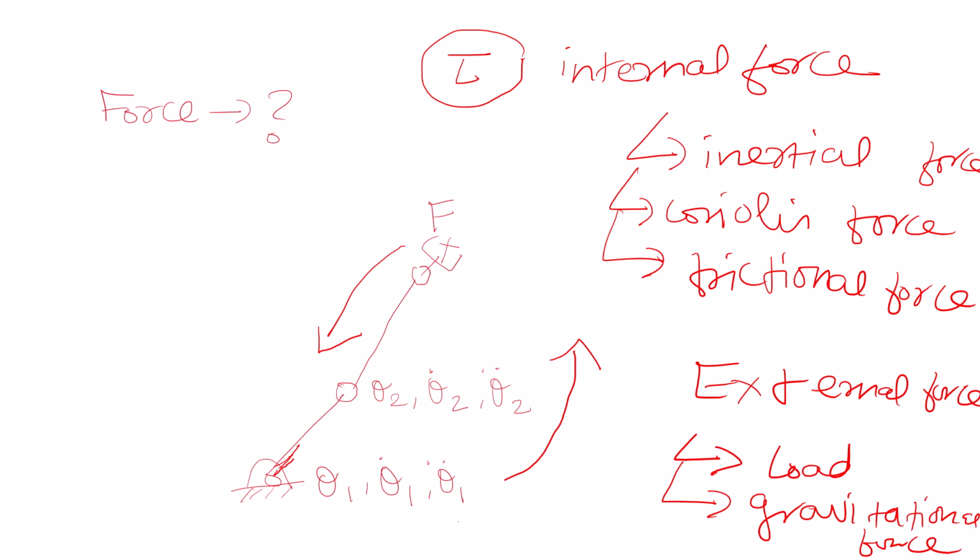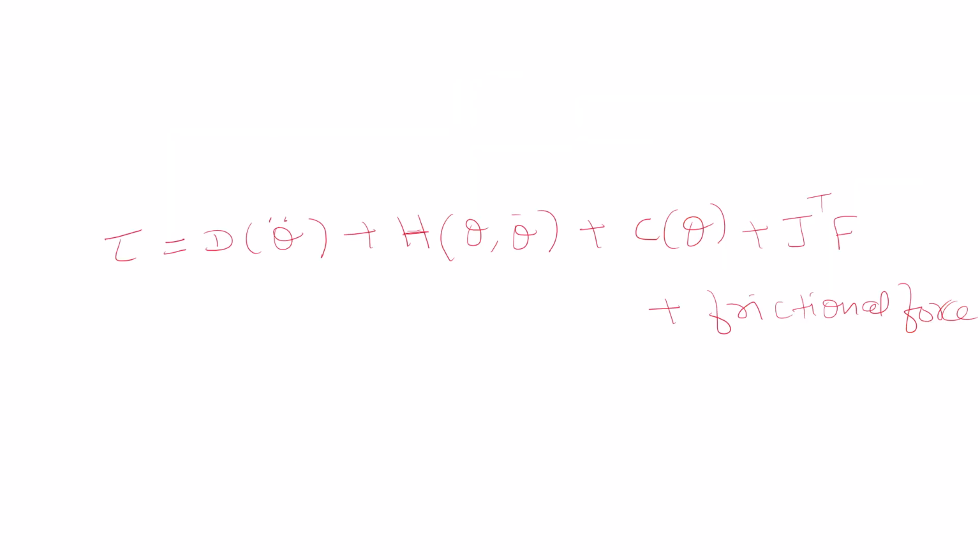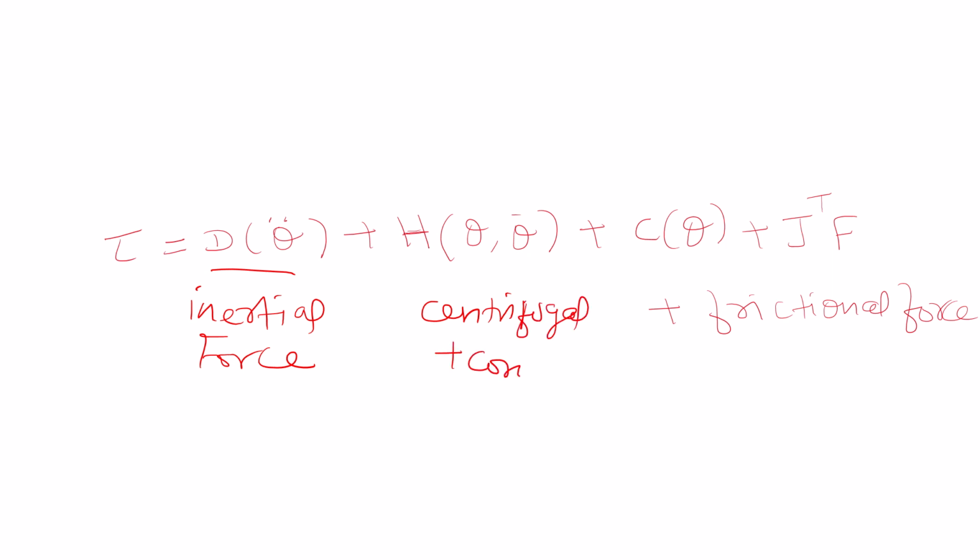So we can represent this as tau equal to D of theta double dot. This represents the inertial forces, plus h of theta comma theta dot. This is the centrifugal and Coriolis force, plus c of theta.